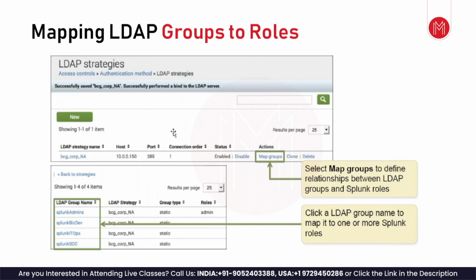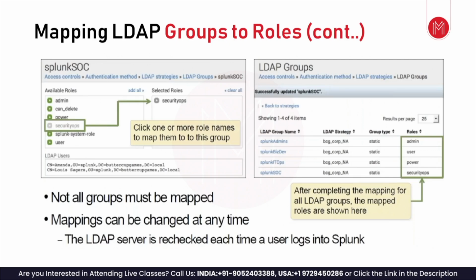Now groups are created. Now what is the next step? When groups are created, make sure you have created the specific role for each and every group. So what is required, only that you are going to add in the group, and click on that specific group. For example, they have clicked on this Splunk SOC. So when they are clicking on this Splunk SOC, whatever the available roles are present in Splunk, they can view them.